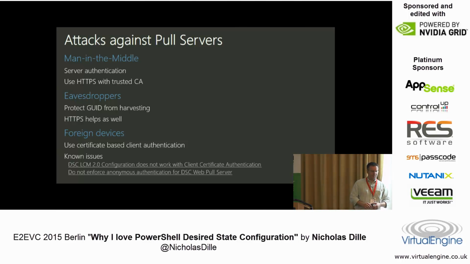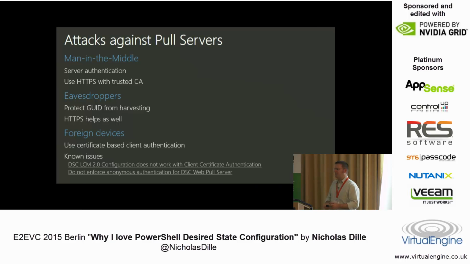So what you want to do in the end is use client authentication as well. And that gets really tricky because you certainly need a CA to create client certificates for all the nodes, but it does help a lot because you can make sure that only those nodes that you want to connect to the pull server are able to do that.